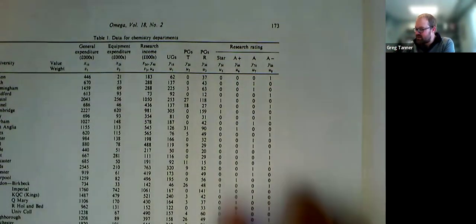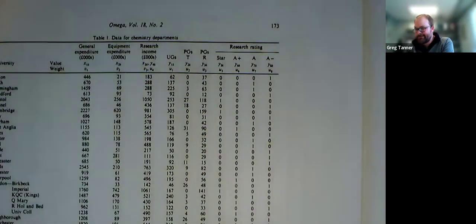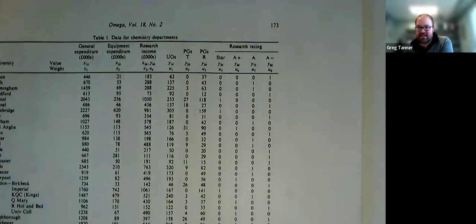If we use this in DEA by itself, then we would really only be comparing universities with the same research rating against each other, because in vanilla DEA, there's nothing to say that star is better than A+ is better than A is better than A-.